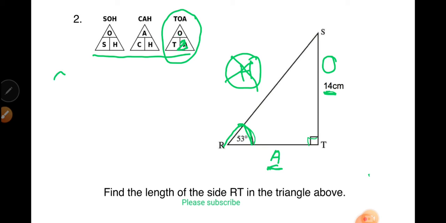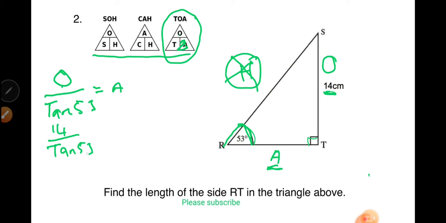So you have to do the opposite divided by tan, the angle is 53, will equal the adjacent. Now we know what the O is. The O was 14, so in fact I could have just written 14 divided by tan 53 is equal to adjacent.